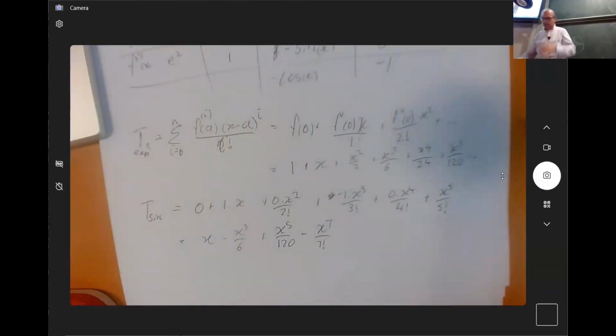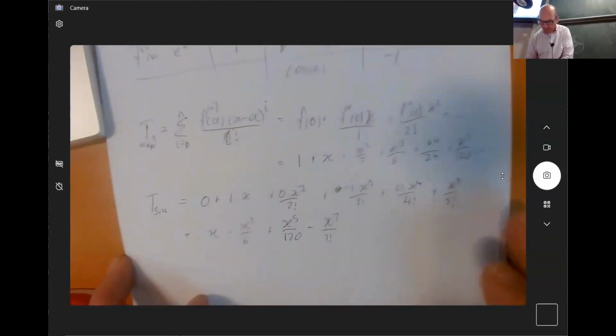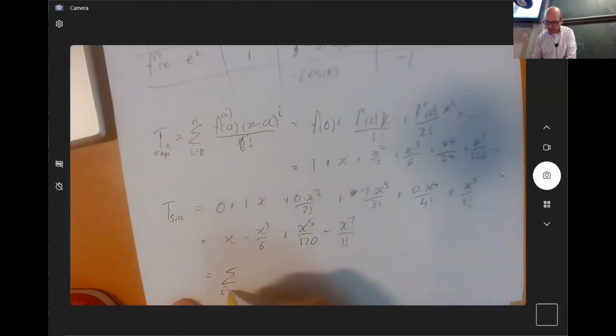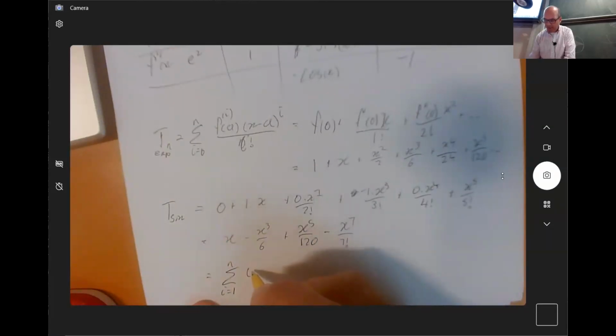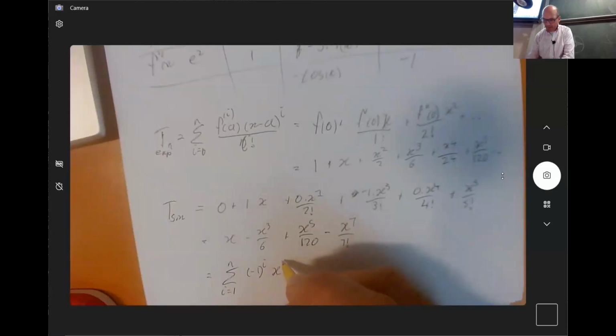This has a horrible expression. If I try to write it in summation notation, with i equal to 1 to n, to get the alternating sign I do minus 1 to the power i, and then x to the 2i minus 1 over 2i minus 1 factorial.